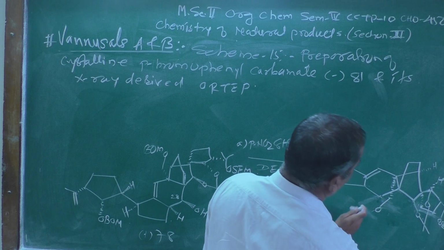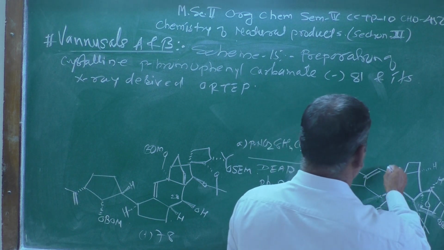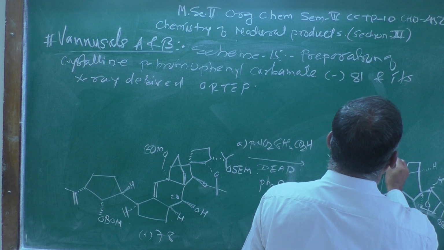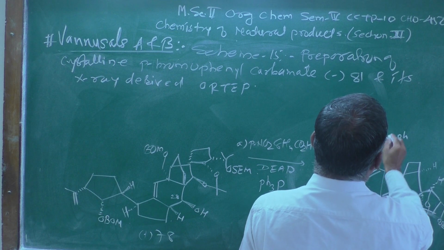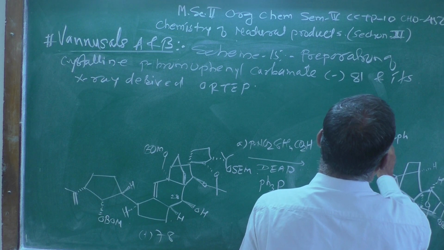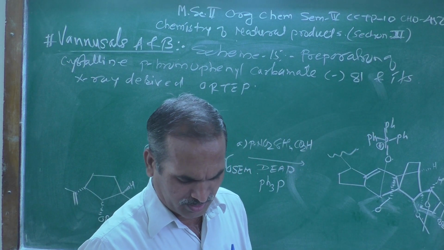Now further there will be an O, then P, Ph, Ph, another Ph, four bonds, and therefore a positive charge develops on phosphorus.